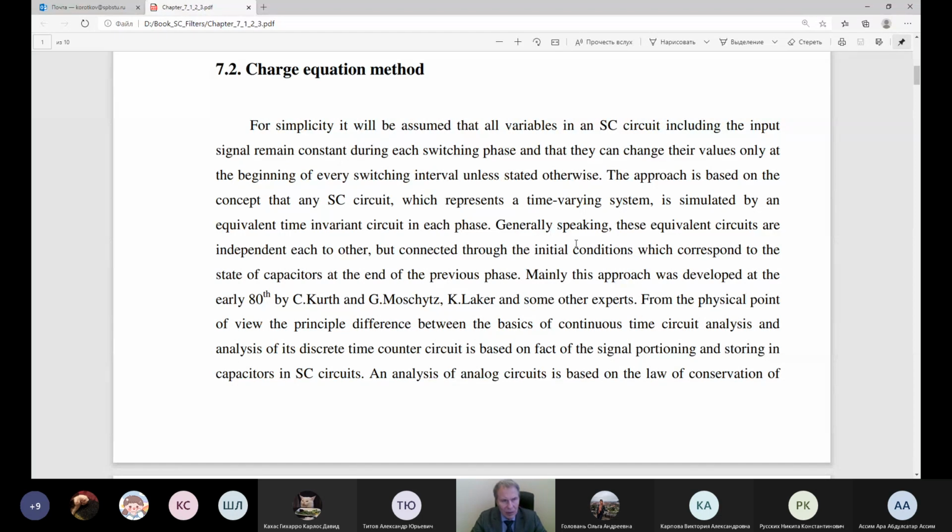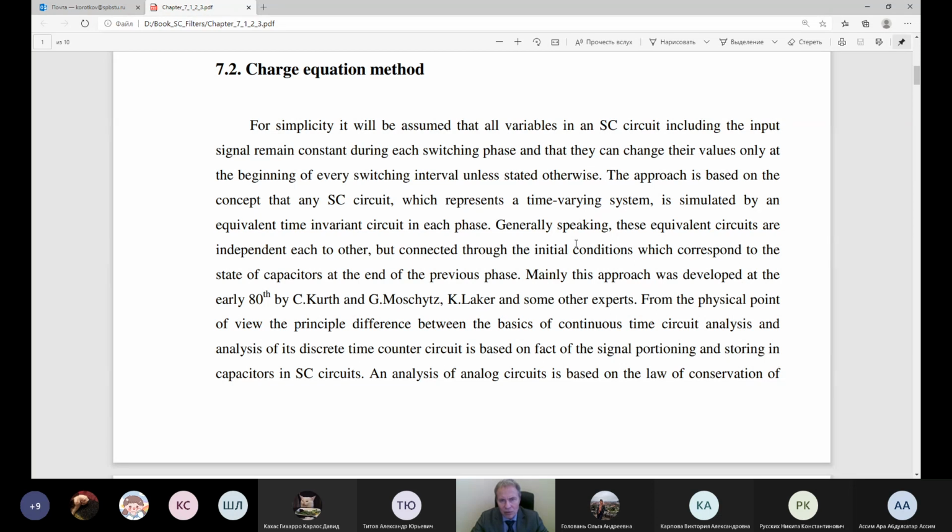And one very important proposal, and we can say a kind of idealization. It is necessary to keep in mind that in this approach, each switch is considered as an ideal element, ideal switch. It means that we have only two conditions for each of them, closed or open, and the internal resistance of the switch is also ideal.